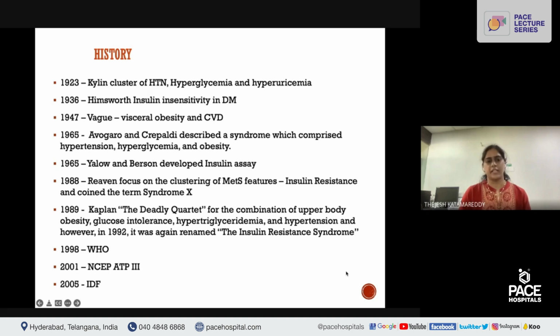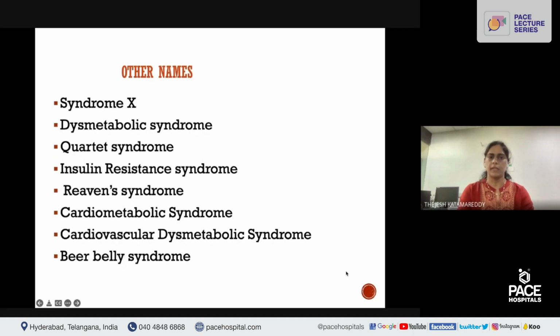Then in 1998, WHO issued certain criteria to diagnose the disease, which was followed in 2001 by the National Cholesterol Education Program, Adult Treatment Panel 3, which also gave certain criteria to diagnose metabolic syndrome. In 2005, the International Diabetes Federation again gave criteria to describe this syndrome.